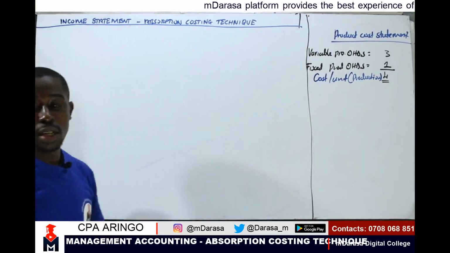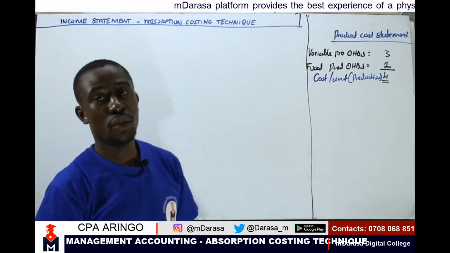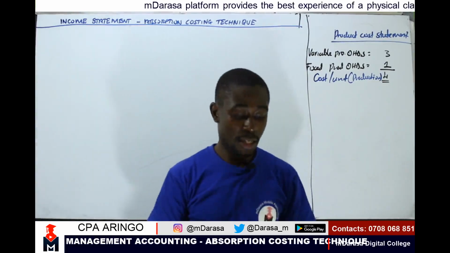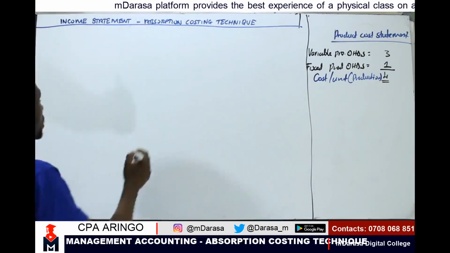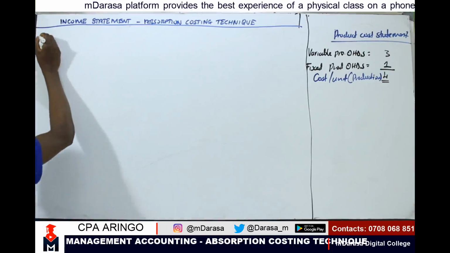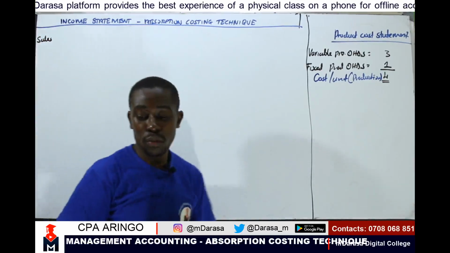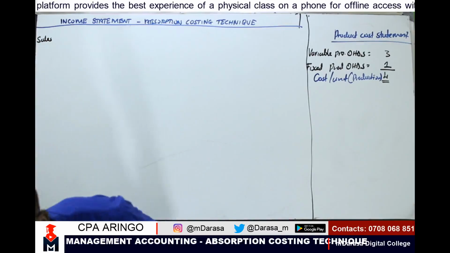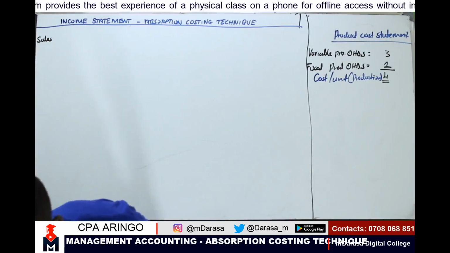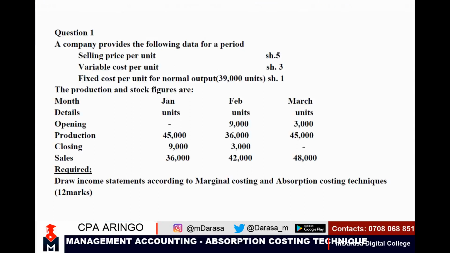As we had mentioned earlier on, we are going to start with sales. And how many months are we talking about, my good students? In our question, we were given how many months? Jan, Feb, and March.